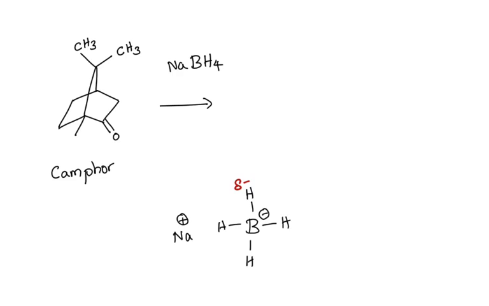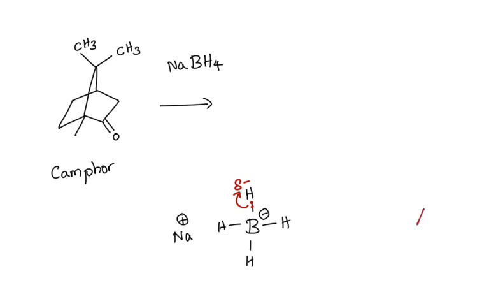But in this case, boron is less electronegative, which makes the electrons go towards the hydrogen. So the bond breaks like this. Hydrogen takes the two electrons. It's a good leaving group in this case, right?